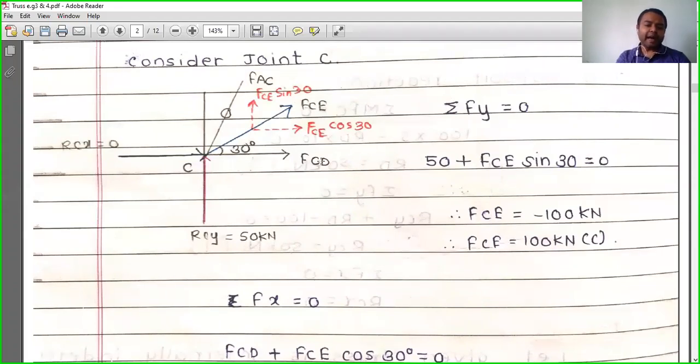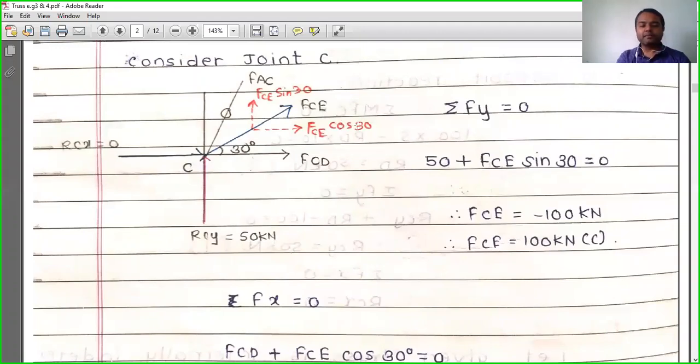Tensile means the arrow is away from the joint. So here this arrow is away from this joint, and this arrow is also away from this joint. Actually we don't know the actual answer, we are just going to assume first of all. So these are the assumed directions. We have assumed both as tensile.